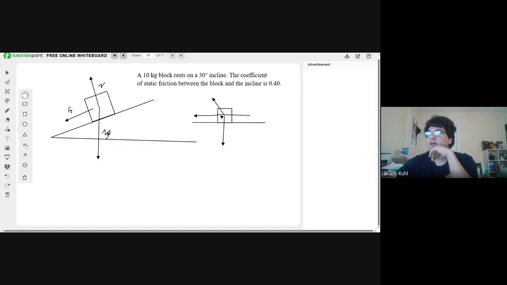The other lines are not important, they're just for my mental inventory. We have 30 degrees, and we have mg.